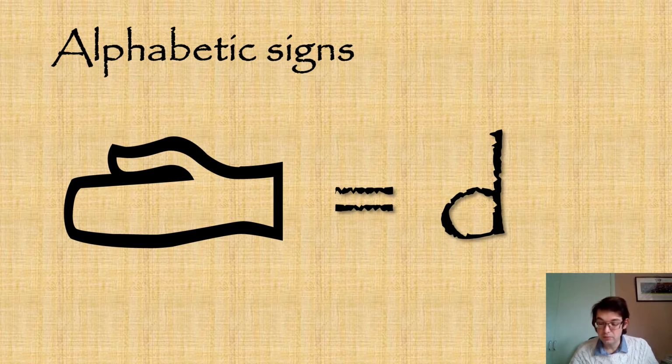It's just an abstract symbol, and it only means D because we as a society have collectively agreed to give it that value, and to then stick to the rules whenever we see that sign. It was the same for the Egyptians. Society accepted that a hand meant D, so that's what it meant. It's that simple.